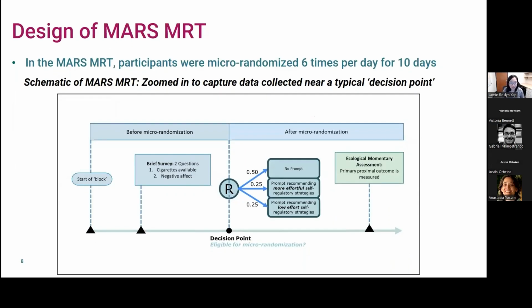Okay, so let's continue to talk about the design of the MARS MRT. What sort of data are collected in this study? Here is a schematic that's zoomed in to capture data collected near a typical decision point. What happens before that big R? On your screen, that big R denotes micro-randomization.